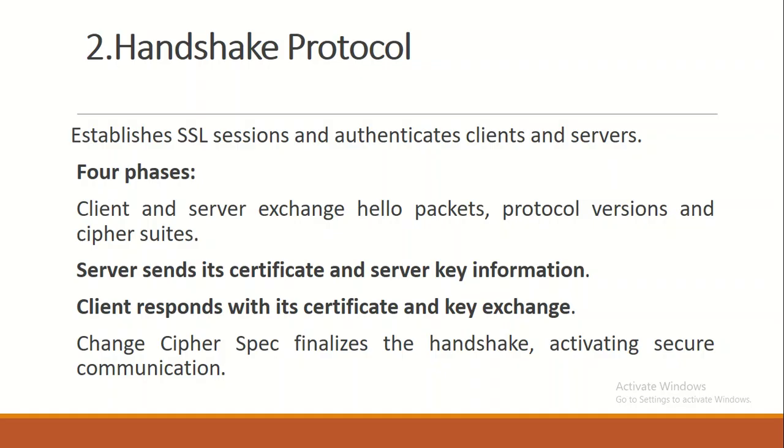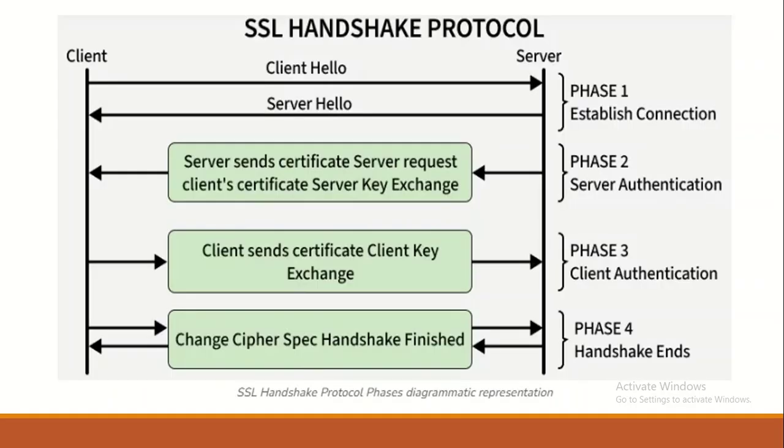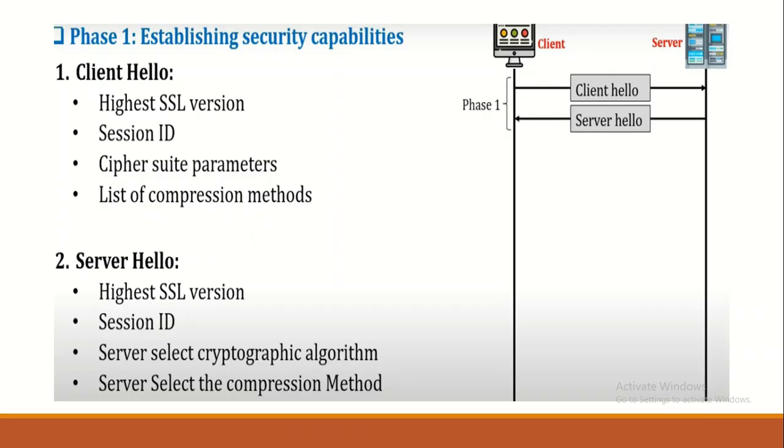In this handshake protocol we have four phases. The client sends a request to the server, and the server verifies whether the client is available and authorized, and then authenticates it. We will discuss each phase. This is phase one.